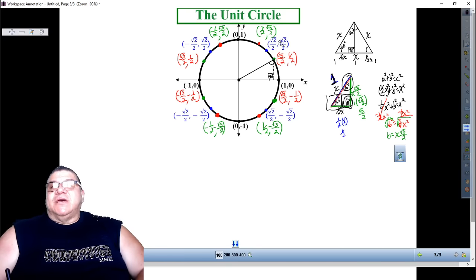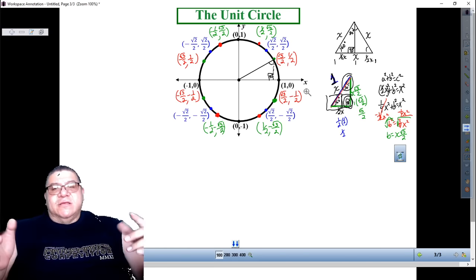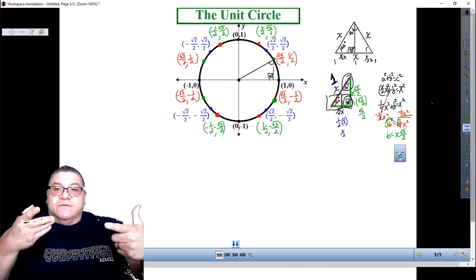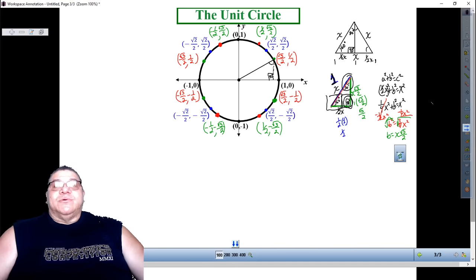Last night you did, or the other day you did just the blue ones. Now you have to do all the coordinates all the way around. From this 30 degree one right there to the 45 degree to the 60 degree. If you want to change the colors, you can change the colors. I just use that so it can make contrast and you can see where each piece came from. And those were the special right triangles that we used in order for us to find those coordinates.